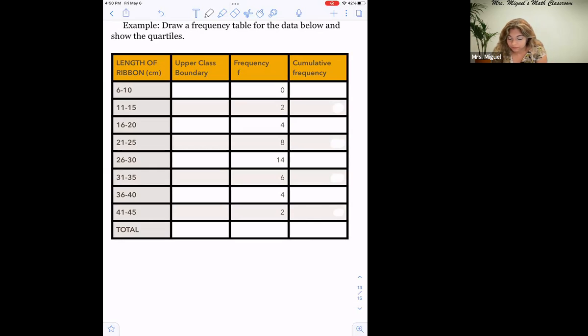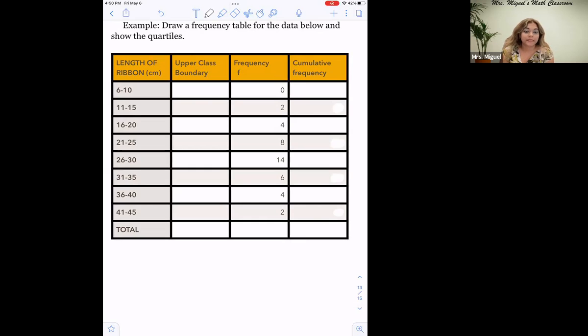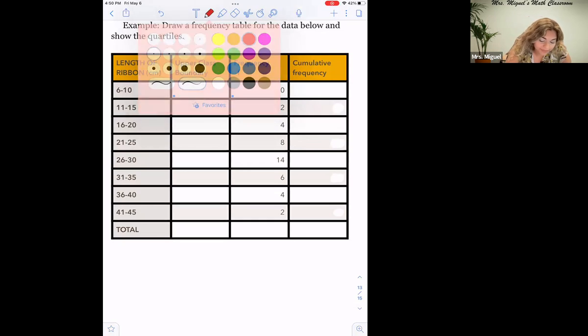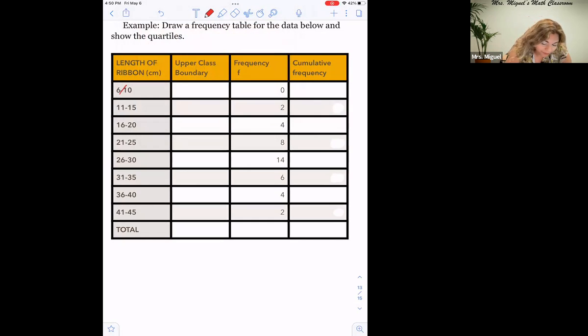Finish, Miss. All right. So the first thing we are going to complete is the upper class boundary. Now, I remember some time ago asking you to find the upper class boundary and the lower class boundary. So let us examine these two numbers.